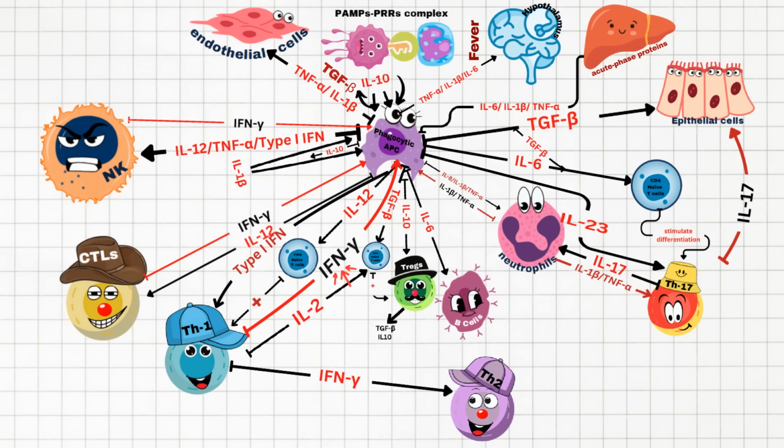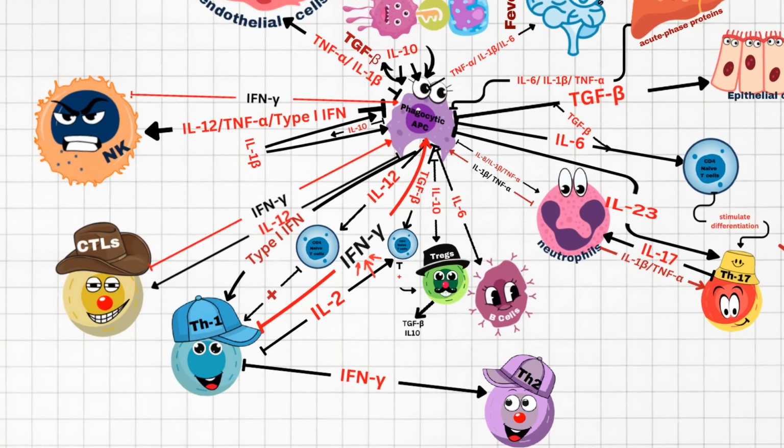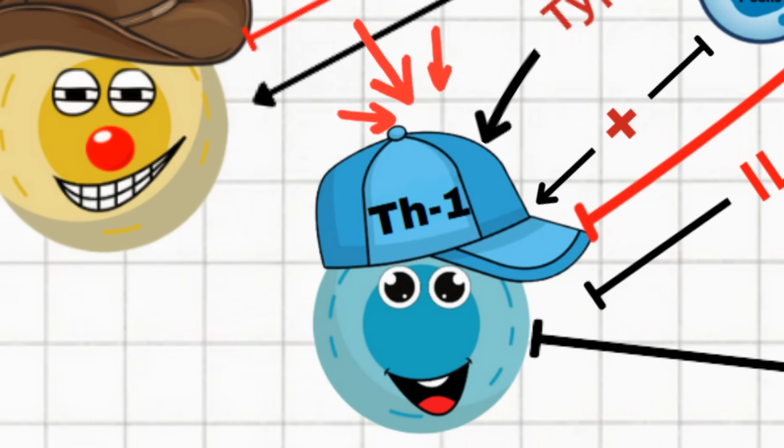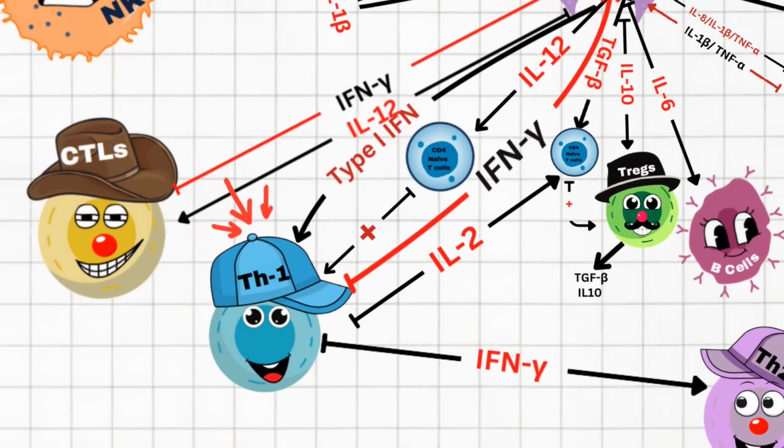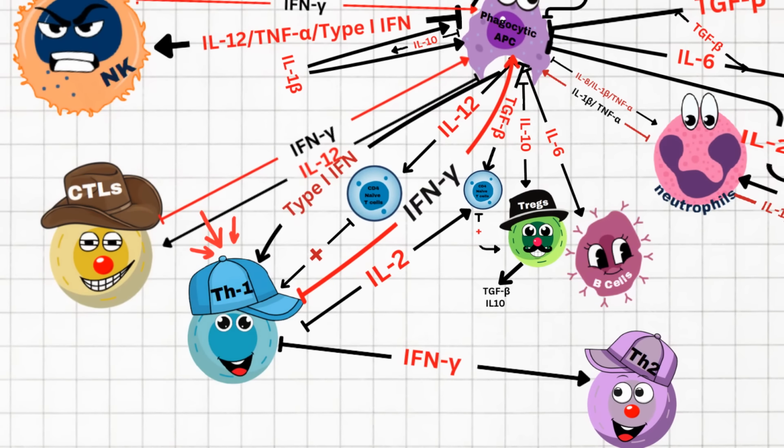Let's talk about the activation of one of the leaders of adaptive immune cells in our body, T helper 1 cells. As we mentioned, this activation happens primarily due to interleukin-12 from dendritic cells and macrophages. Once activated, T helper 1 cells produce interferon-γ, which stimulates macrophages, enhancing their microbicidal activity and leading to better kills of intracellular pathogens such as bacteria and viruses.